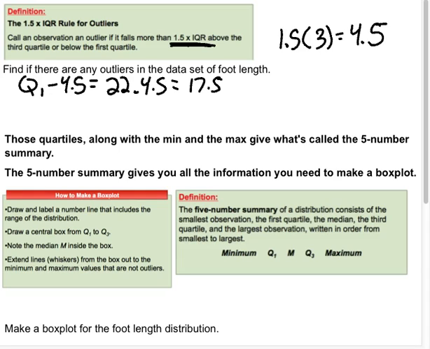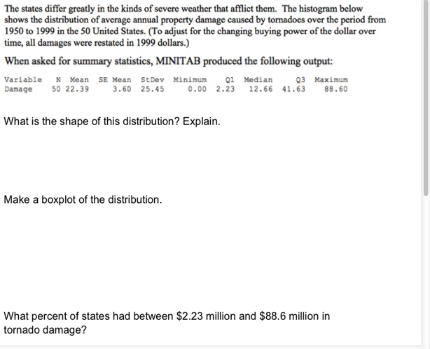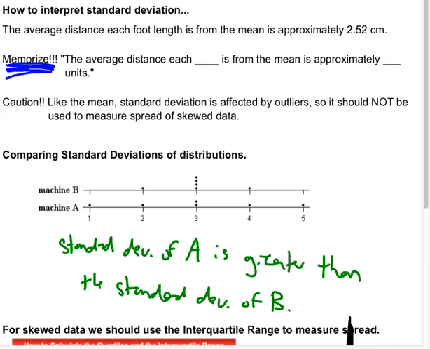So what that's telling me is I take quartile 1, I subtract off the 1.5 interquartile range, and what that's giving me is a lower bound. Anything that is smaller than 17.5 would be considered an outlier. It's too far away from that quartile. Same thing up top. So here I'm going to take the third quartile and add on that 4.5.